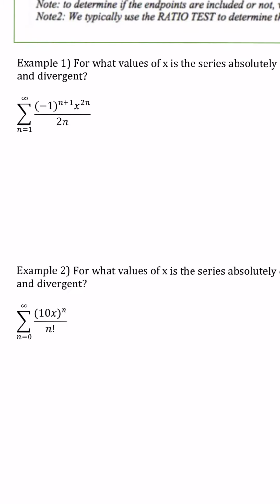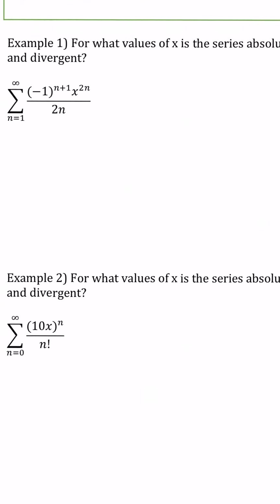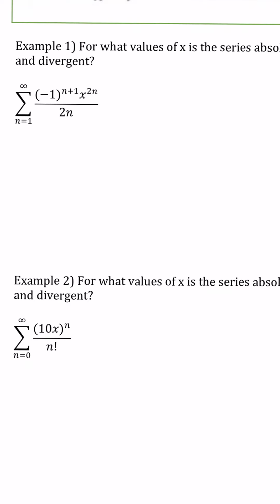The second I see that this is a power series, I know I'm going to start with the ratio test, which says that the limit as n approaches infinity of a sub n plus 1, so this would become negative 1 to the n plus 2, x to the 2 times n plus 1, which becomes 2n plus 2, all over 2 times n, divided by a sub n, so that's multiplying by the reciprocal.